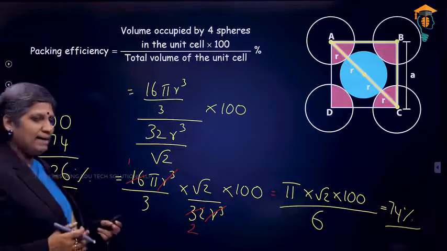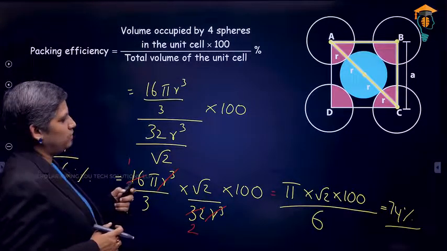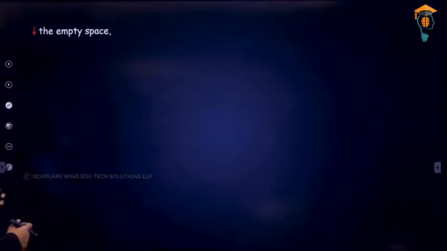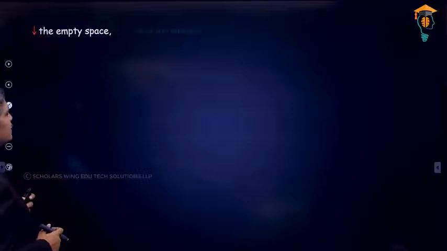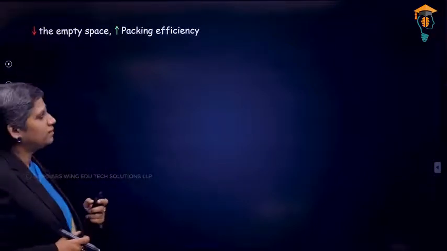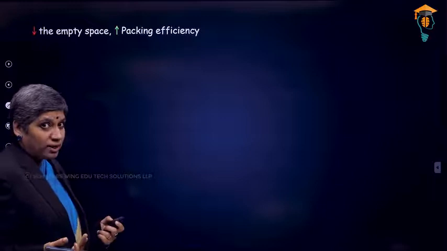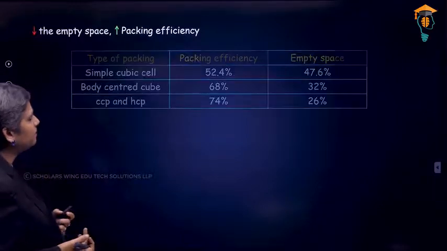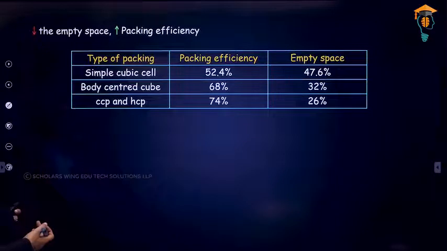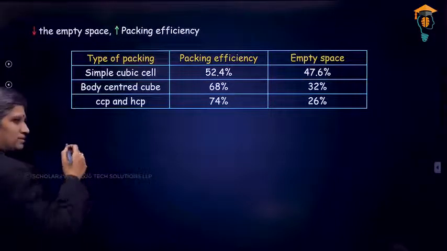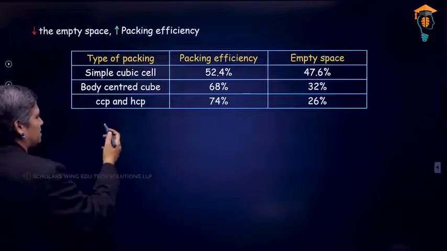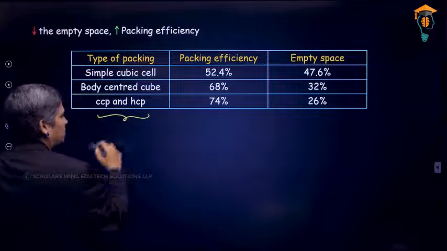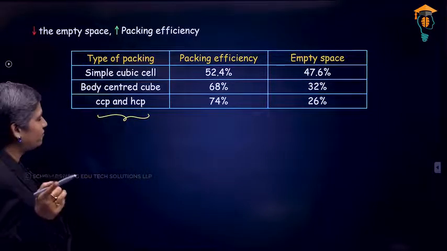But I told you at the end, we will compare all and see which is more efficient. Before looking at the efficiency, we have to even look at the empty space. If the empty space is less, packing efficiency is more. And if packing efficiency is more, the lattice will be more stable. This table shows the different types of packing: simple cubic cell, body centered, CCP and HCP, and we took FCC for that matter.